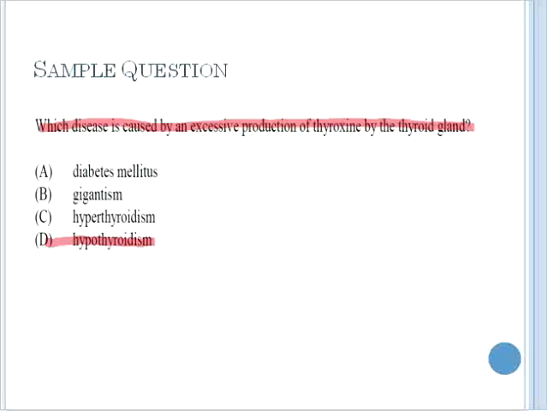Hypothyroidism is when the body does not secrete enough. Diabetes mellitus has no bearing on the thyroid gland. Gigantism is caused by growth hormone from the pituitary. The correct answer is hyperthyroidism. Hyper, remember, is when your body produces too much of a particular hormone.